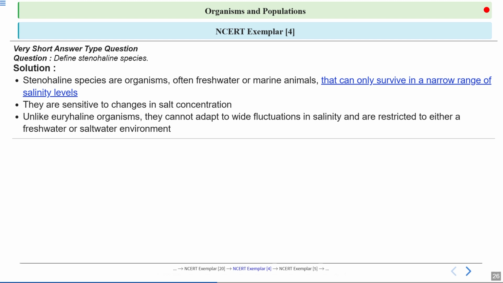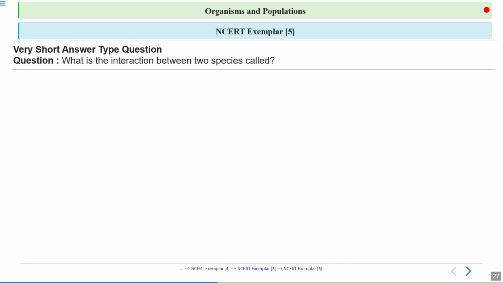So to sum up, stenohaline species are limited in where they can live because they can't cope with much change in their environment.